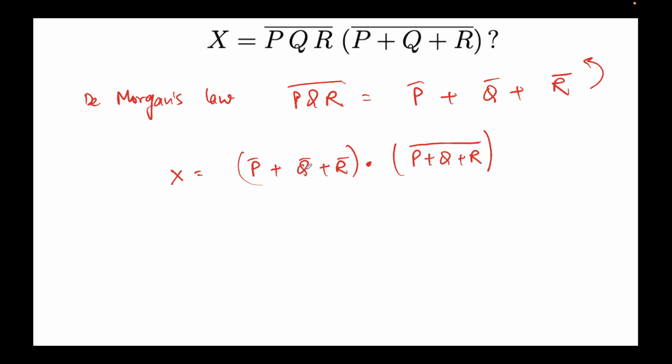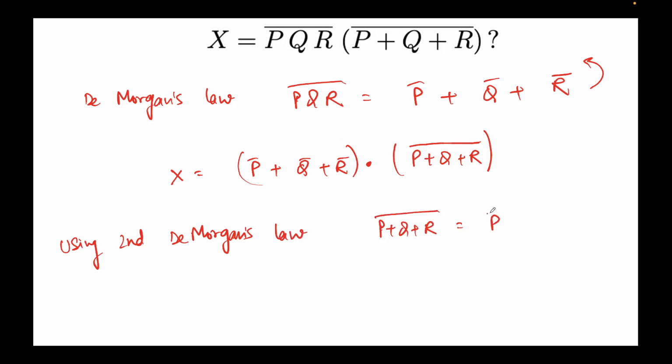Okay, now I'll write using the second DeMorgan's law, where we change a disjunction, that's (P plus Q plus R) whole bar.